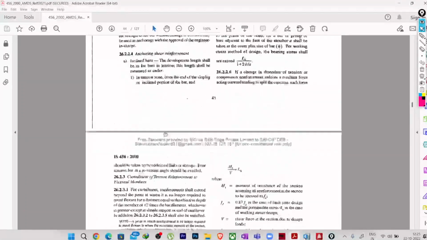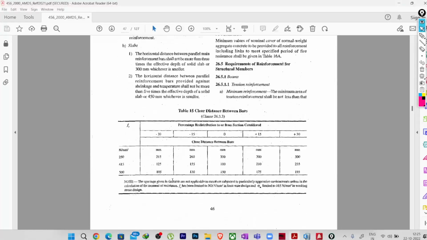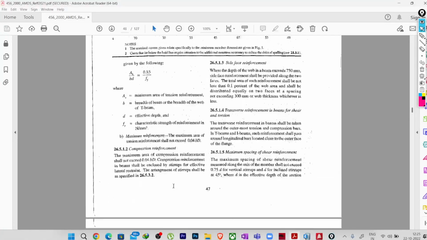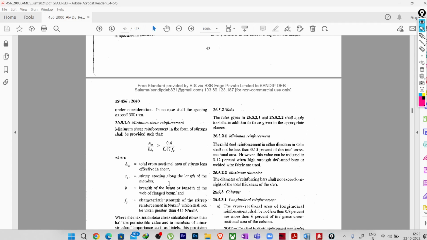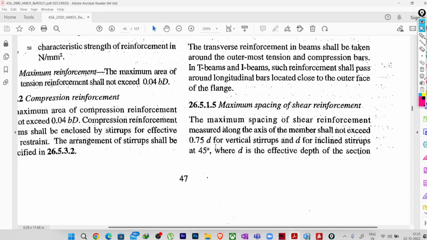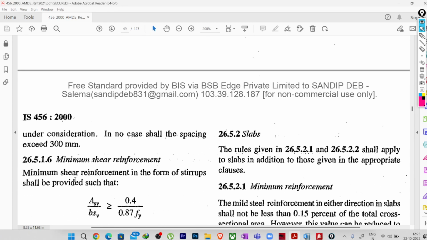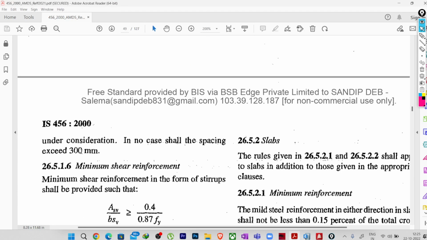It is in flexural design. Yeah, here you can see. What is the minimum criteria? One is 0.75 D. Another one is it should not exceed 300 mm spacing.